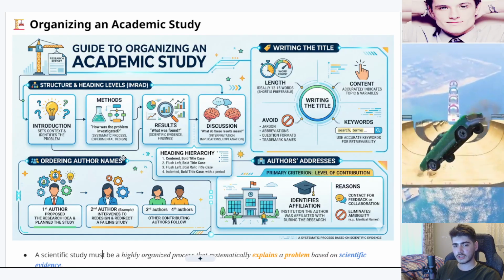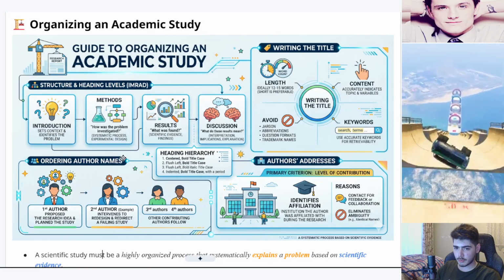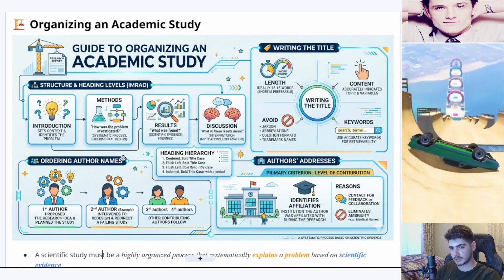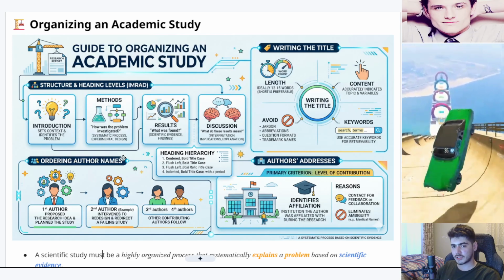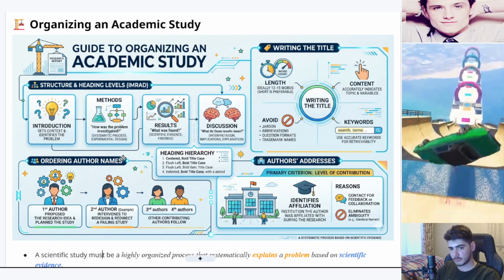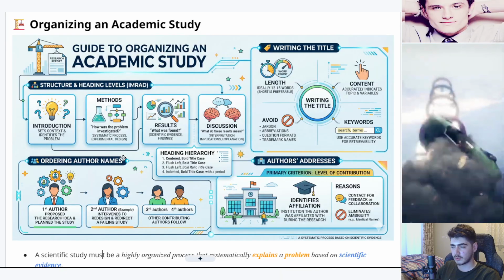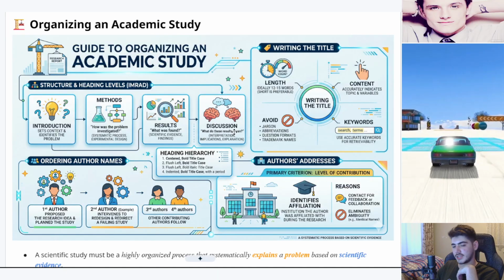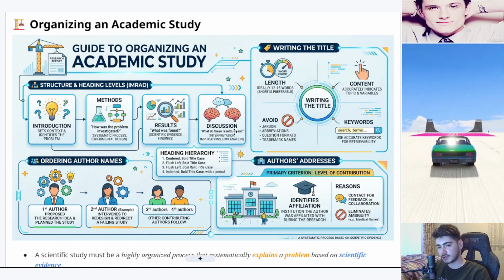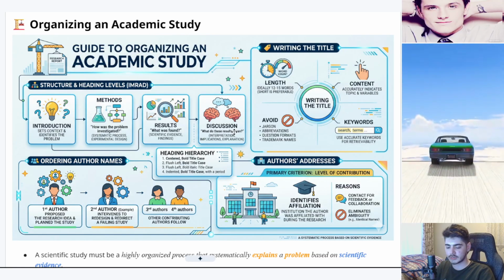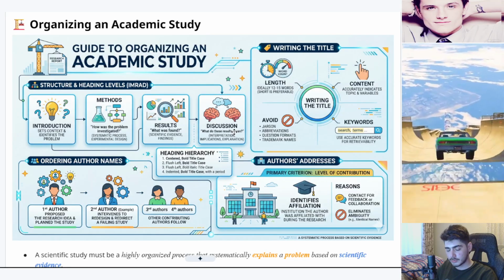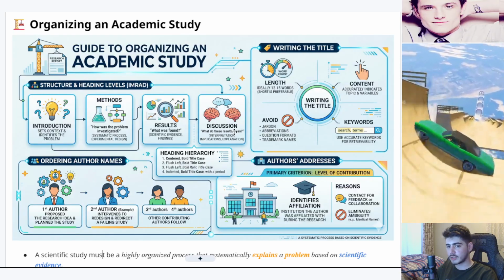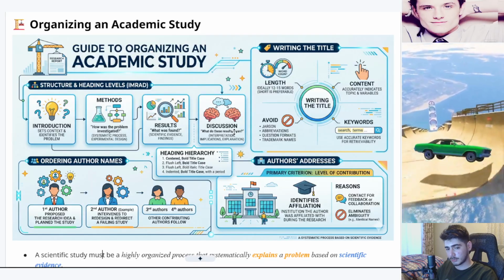And then the results. What was found. In this section, we will report that after giving copious amounts of caffeine to this rat and then beating it against the table, it has exploded, which means caffeine is bad for humans as well. And then we will refer to the discussion section, which we will say, okay, so this concludes that caffeine is bad for humans because when we gave that rat unholy amounts of caffeine, it exploded.